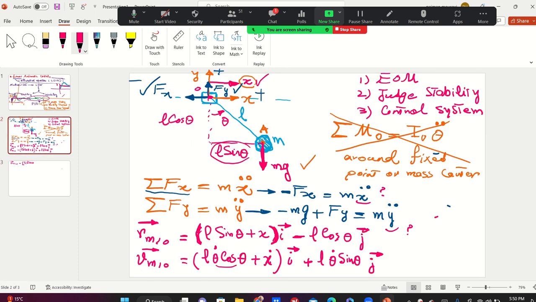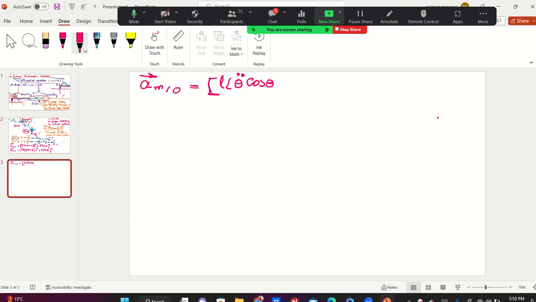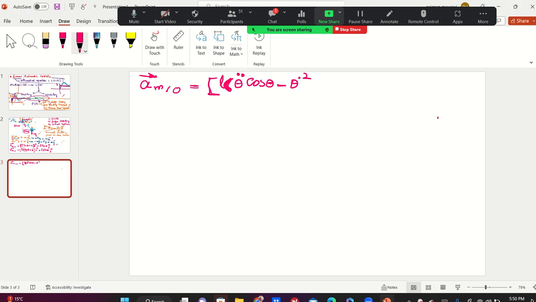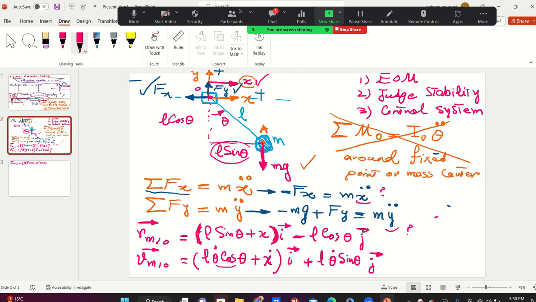See, first term in second term, in first term. And this is parenthesis. Minus theta dot square sine theta. This is the derivative of the first term.